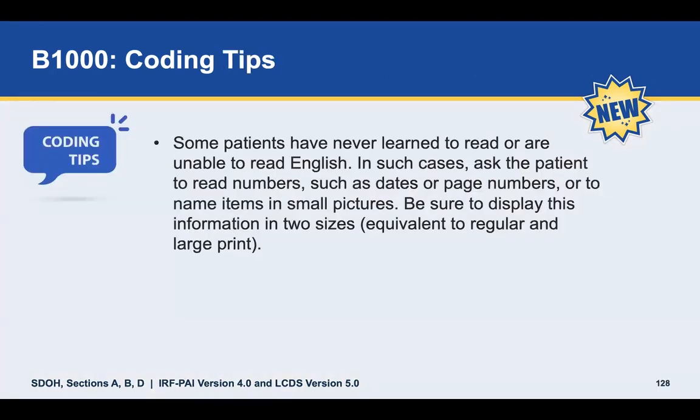And finally, here are some coding tips for B1000 vision. Be aware that some patients have never learned to read or may be unable to read in English. In such cases, ask the patient to read numbers, such as dates or page numbers, or to name items in small pictures. Be sure to display this information in 2 sizes equivalent to regular and large print.